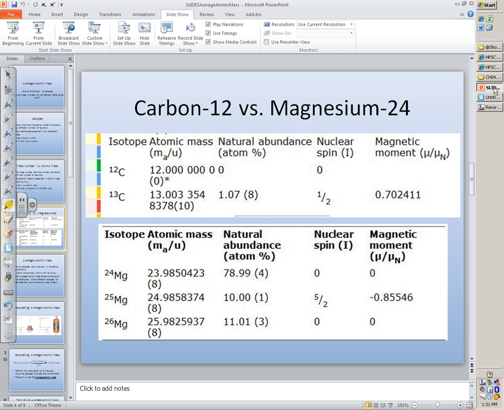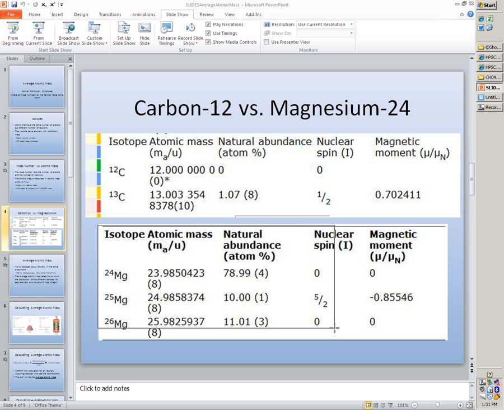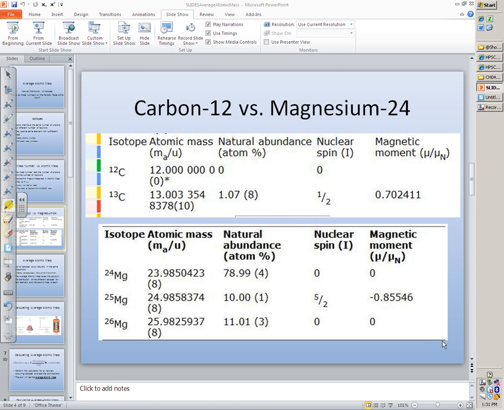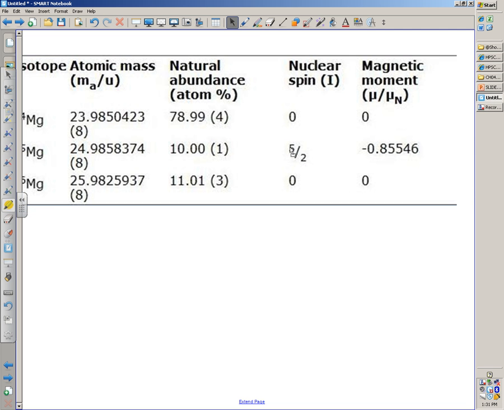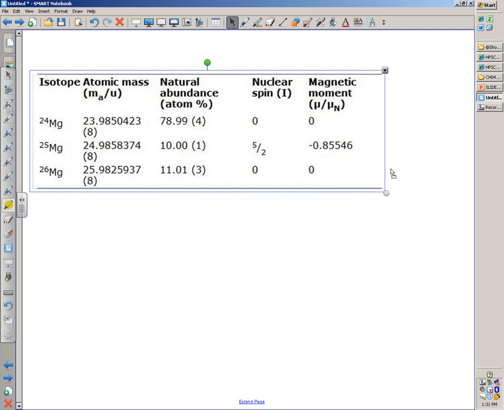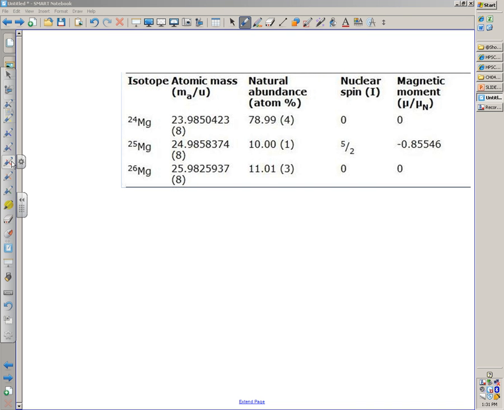Next table. Get rid of this, but keep that column. Magnesium 24, magnesium 25, and magnesium 26 are 3 isotopes of magnesium.